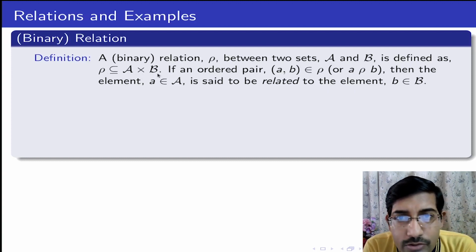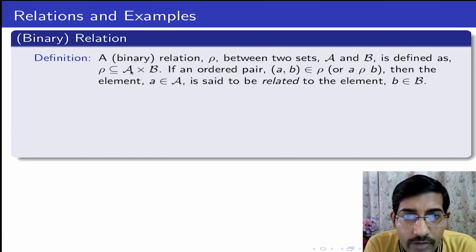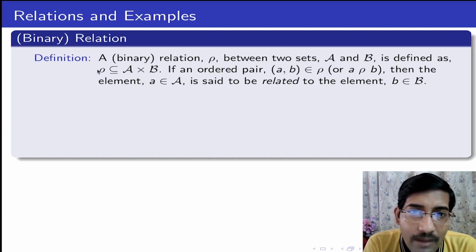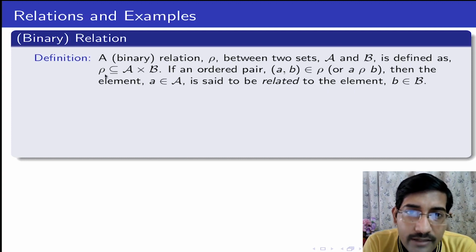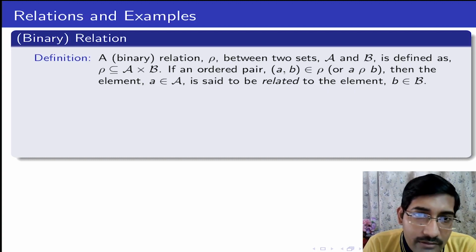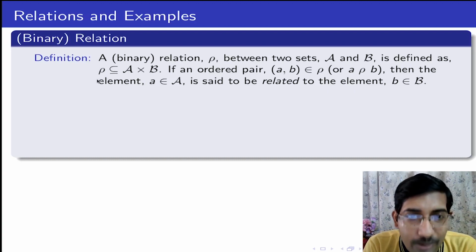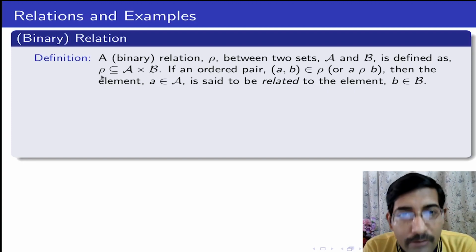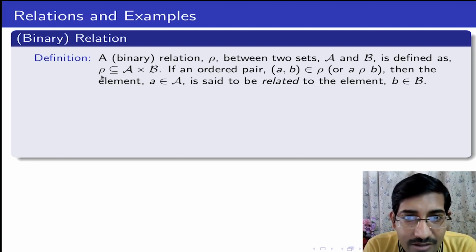Among all possible combinations of elements in A and B, I am just choosing a subset of combinations and defining a relation over it, that this is my family members. Two of them you pick up, they are related. Some other set, let's say rho dash, will be some other person's family members.